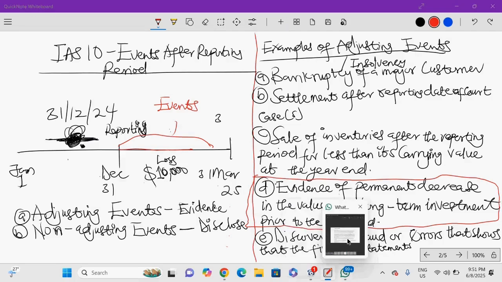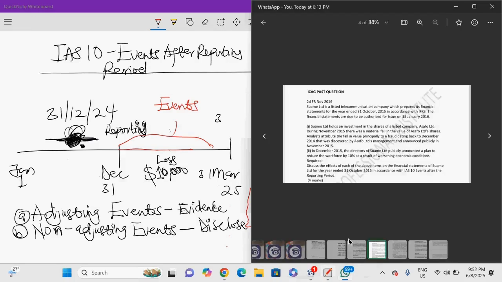However, I saw something like fraud. Analysts attribute the fall in the value principally to a fraud dating back to December 2014. So the fall in the value is a non-adjusting event. However, the identification of a fraud is an adjusting event.